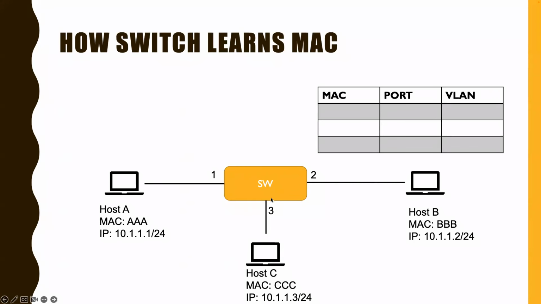As of now, all those switch ports are admin down, and the host network cards are also down. Let's say we unshut all 3 ports on the switch. They are now up, and let's say we power on host A. What will happen first?